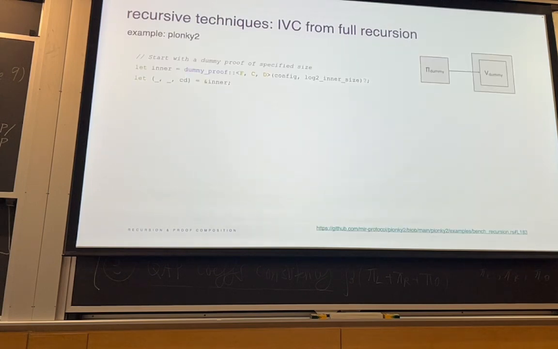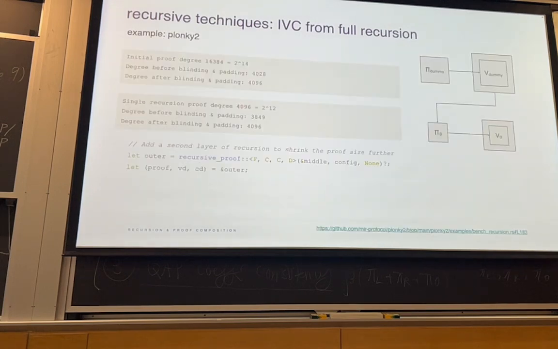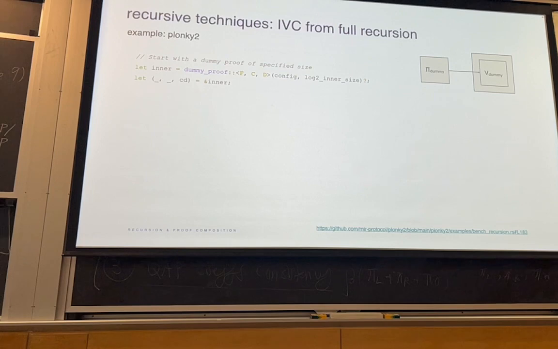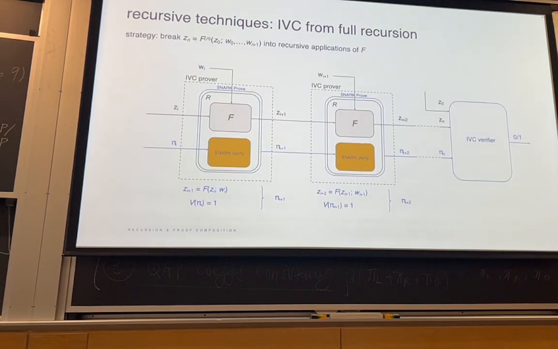So here's an example from a library called Plonky 2. It's actually one of the libraries in the Plonkish family. It uses Plonk arithmetization, but not KZG. It uses a FRI-based polynomial commitment scheme. So yeah, Plonky 2 does full recursion.